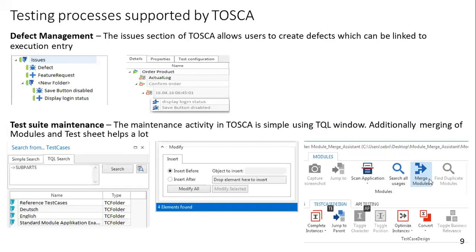What Tosca says is, do not do that. You merge the modules. Even if you make this type of mistake, you have the facility to merge those things. Internally, whatever test cases you might have linked will automatically get interlinked, so there will be no impact on your test cases even if you merge your modules. But doing that in any other tool will be a little bit tricky.